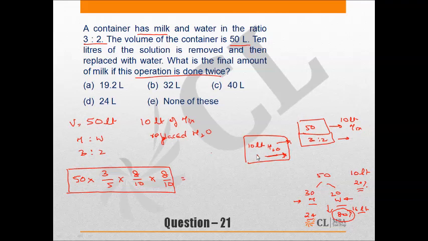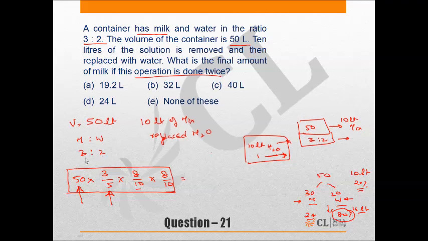So you can safely say every time 20% of the milk in the mixture is getting removed, or 80% of the milk is being retained. So the quantity of milk finally left in the mixture will be the volume of the mixture into the fraction of milk originally, into 8 by 10 for the first operation and into 8 by 10 for the second operation. Supposing the same thing was repeated a third time also, I would have multiplied with another 8 by 10, or another 80%. So what is the final amount of milk?